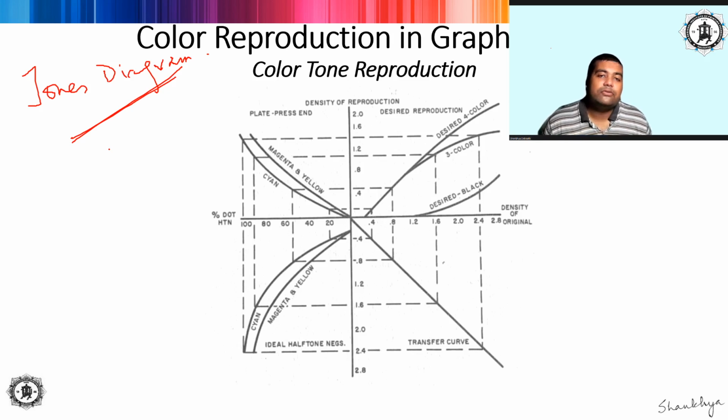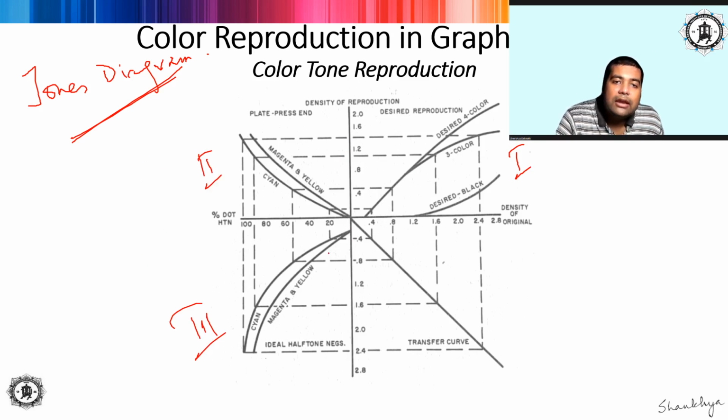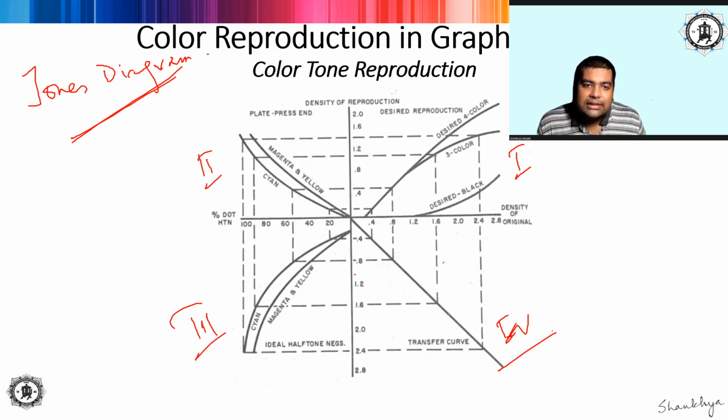So you can see over here that there are four quadrants, right? Let me mark the quadrants: quadrant 1, 2, 3, and quadrant 4. I will talk about the individual quadrants. From all these quadrants, I think at least two are familiar to you. What are these quadrants? Quadrant 1 and 4. What do quadrants 1 and 4 represent?